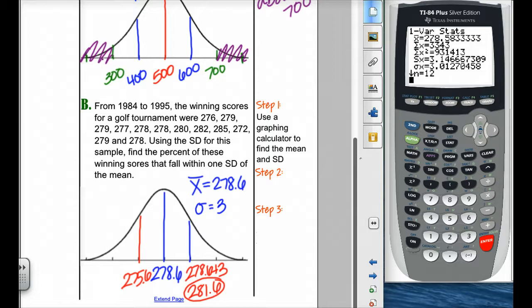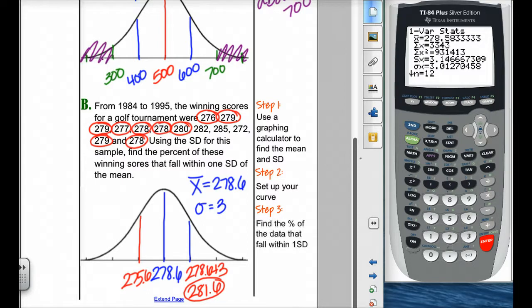So it says here, winning score fall within 1 standard deviation of the mean, and we want the percent. So we look here, we need something above 275.6, but below 281.6. So we have these numbers that I'm circling. So we need basically 276 all the way up to 281. So 282 is too high, 285 is too high, 272 is too low. And we look here and we have these values. So now, once we do that, we set up the curve already.